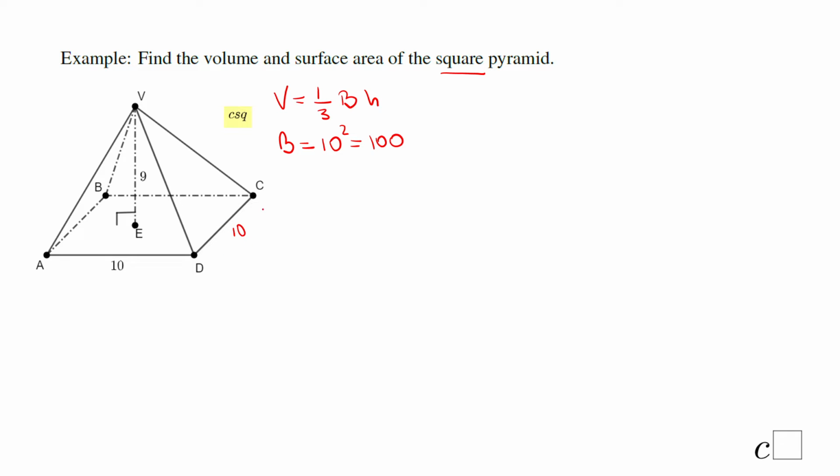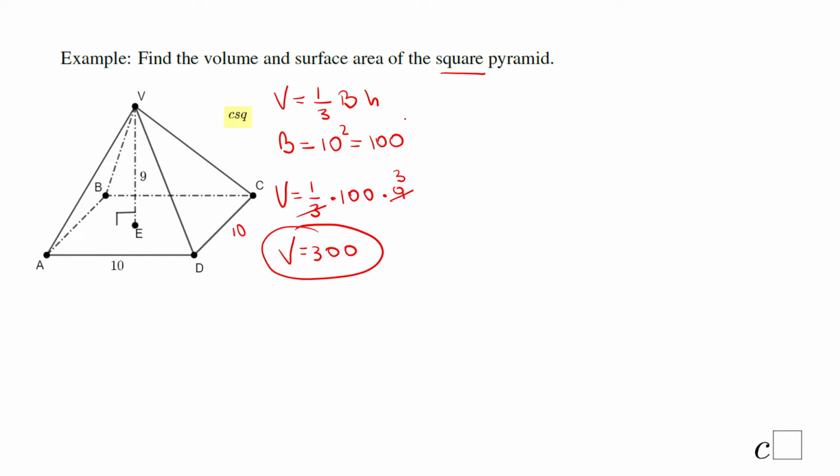And now we can find the volume, 1/3 times the area of the base, times the height, 9. So here I will simplify, 3 goes into 9 3 times, and 100 times 3 is 300. Just to be sure, 300 cubic units.